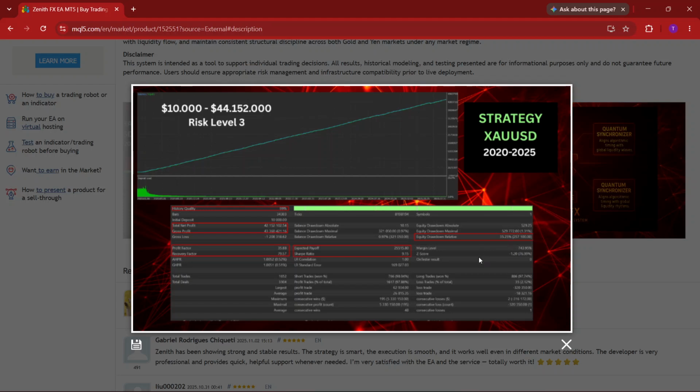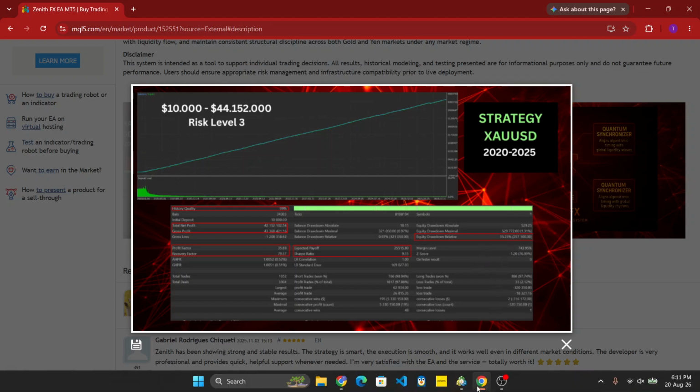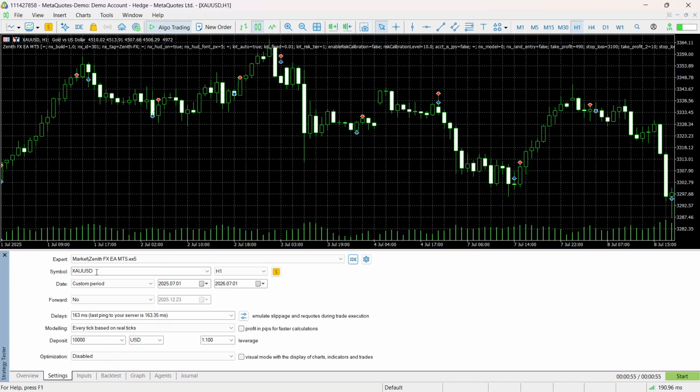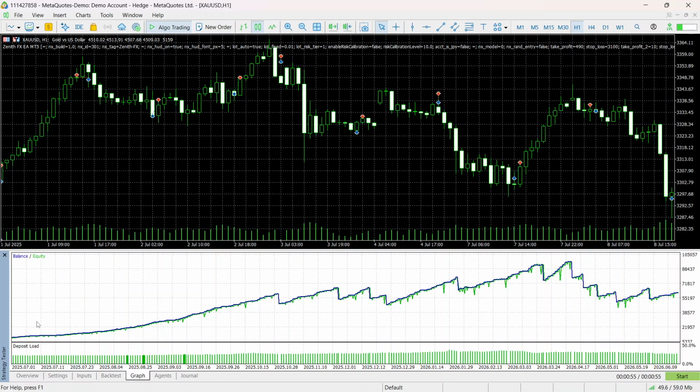Now let's compare this with my own results. Now I used gold USD from July 2025 to July 2026, 10,000 USD, and leverage of 1:100. Now let's talk about what I actually saw when I ran my own historical test. Based on historical performance, the equity curve shows a clear upward slope overall.